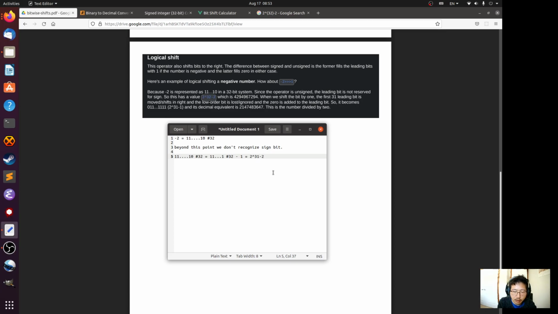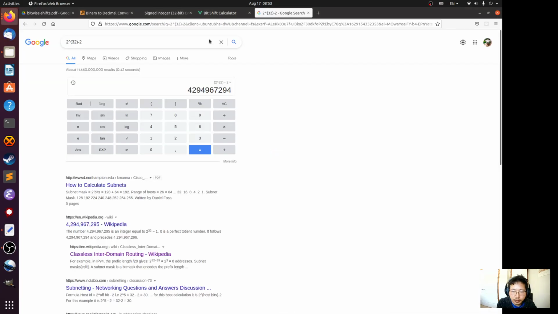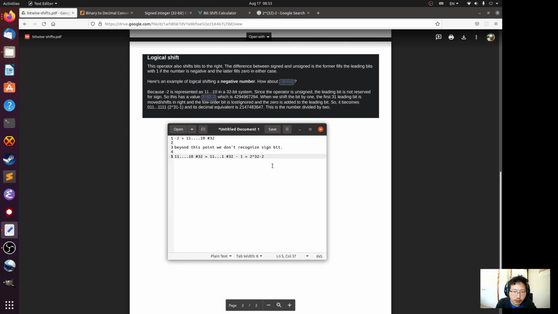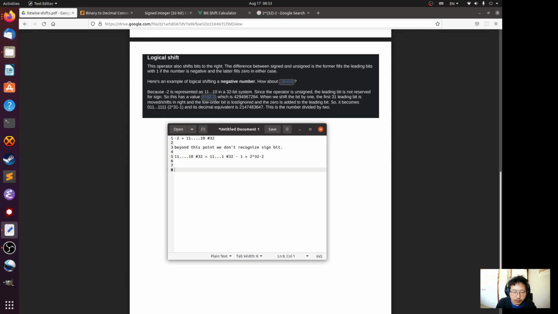Anyway, so we got this huge number, and if you shift it by 1, then it becomes this. So this is equal to 2 to the power of 31 minus 2.